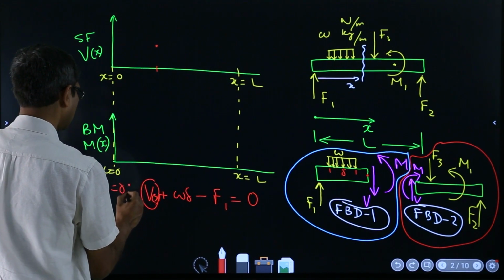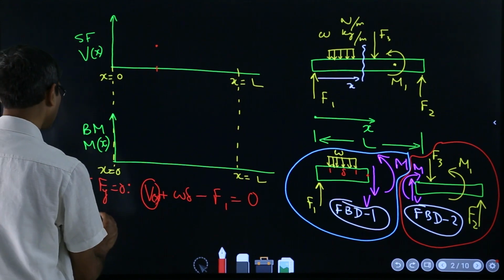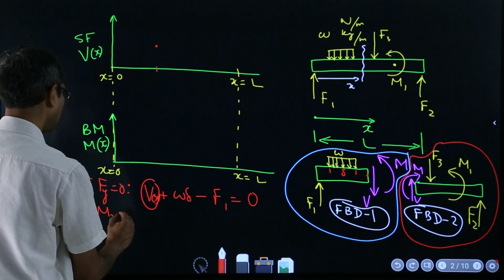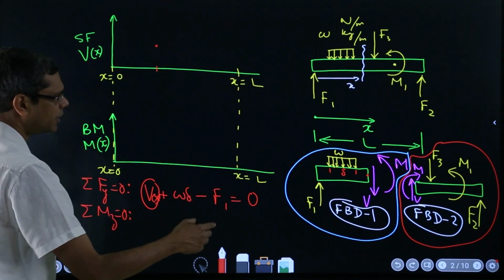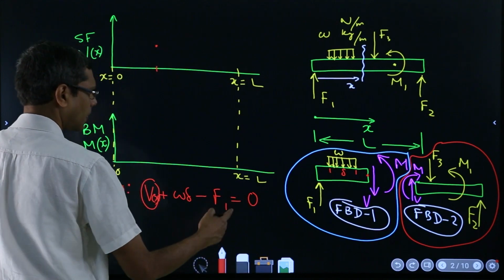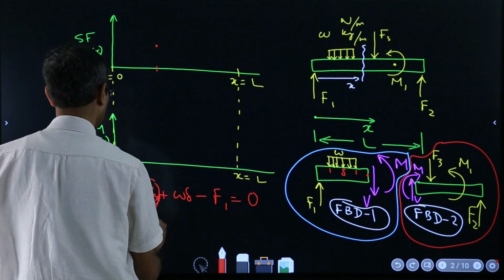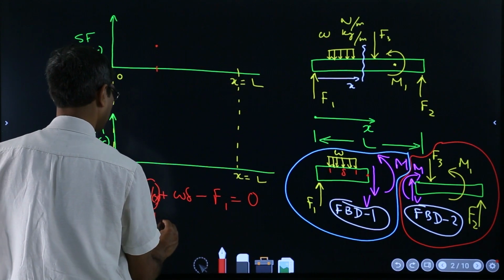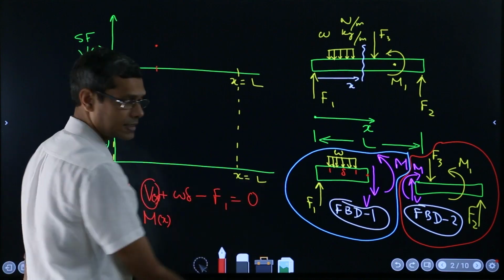So that gives you this, and similarly summation of all the moments about z will be 0 will give you the equation that say M, which is the counterclockwise, which you are calling positive at the location of x, because everything is at x now.